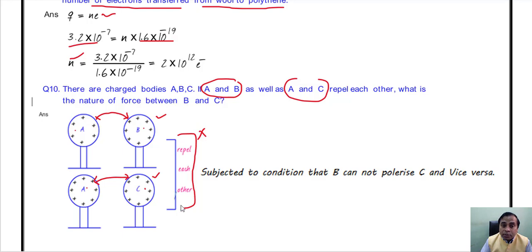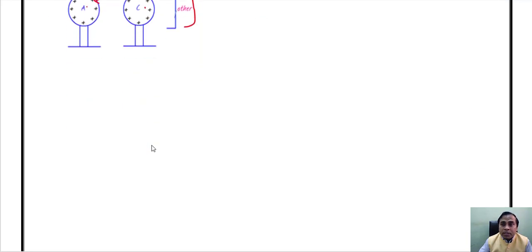So this answer is not complete. You have to mention, subject to the condition that B cannot polarize C, and vice versa, C should not polarize B either. Because in that condition, they would attract each other. Very soon we'll be discussing Coulomb's law.